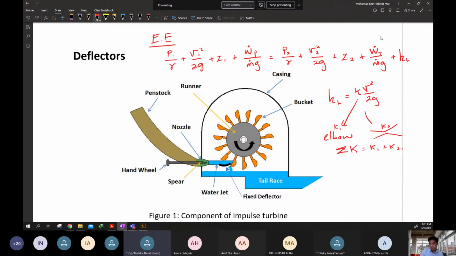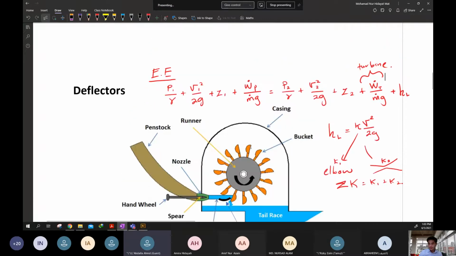Why is the turbine at point number 2? Okay, based on the energy equation, point number 1 is the input. Yes, input.